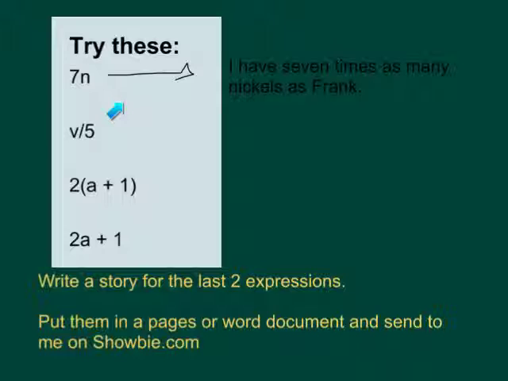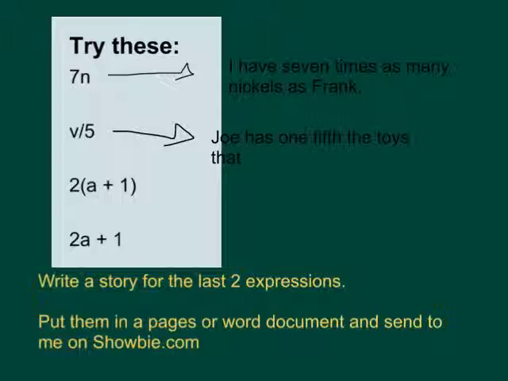Okay, V divided by 5. V divided by 5. Let's go with Joe has 1/5 the toys that Vivian has.